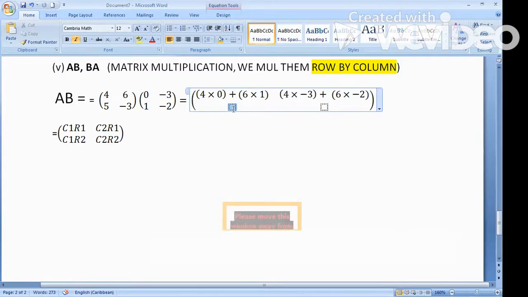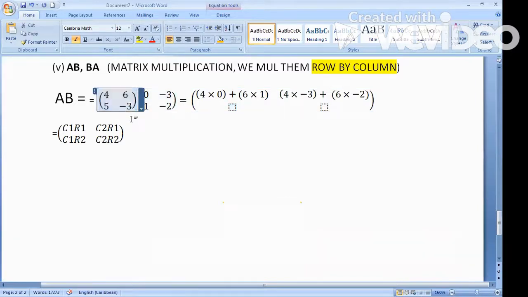Who wants to tell me what I should write for down here? Let me give you a hint. We're not going to use the first row. We're going to use the second row with the first column. Who wants to take a shot at that? Please use the raise hand.